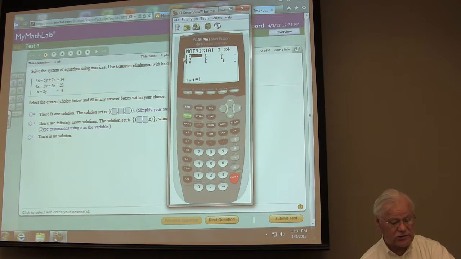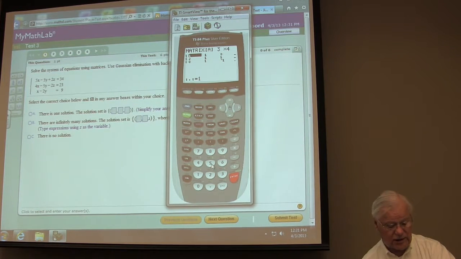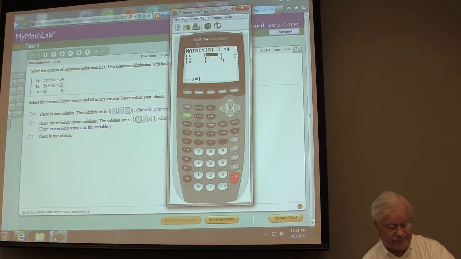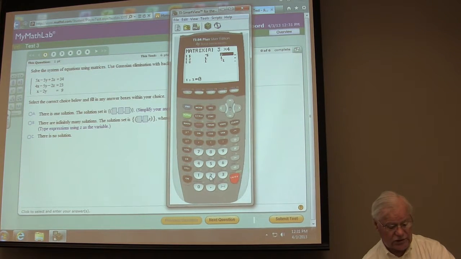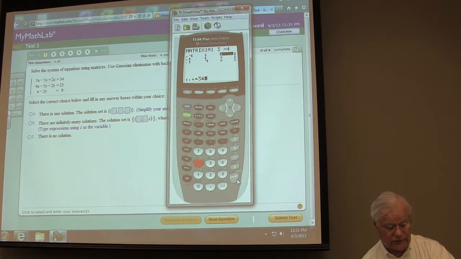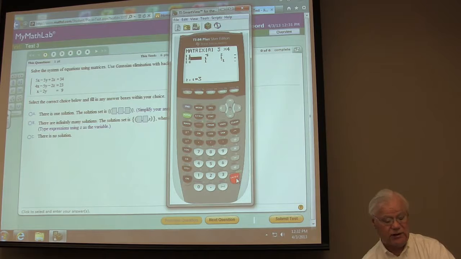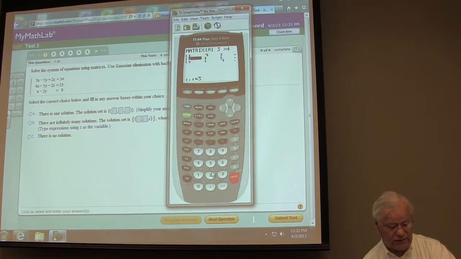And then again, starting to put the values in, I'll have a 5, a negative 5, a 2, and a 34. That's the first equation. Second equation in the second row becomes a 4, a negative 5, a negative 2, and a 23.